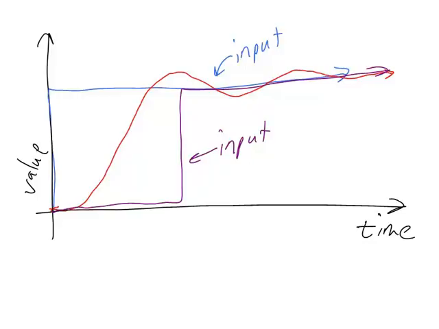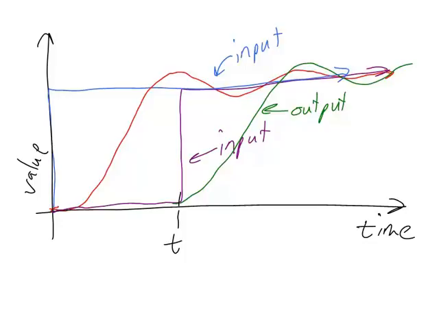If the system is time invariant, then the output will look like this. In other words, the output will look exactly the same, except that it will start at time equals t instead of starting at time equals 0.